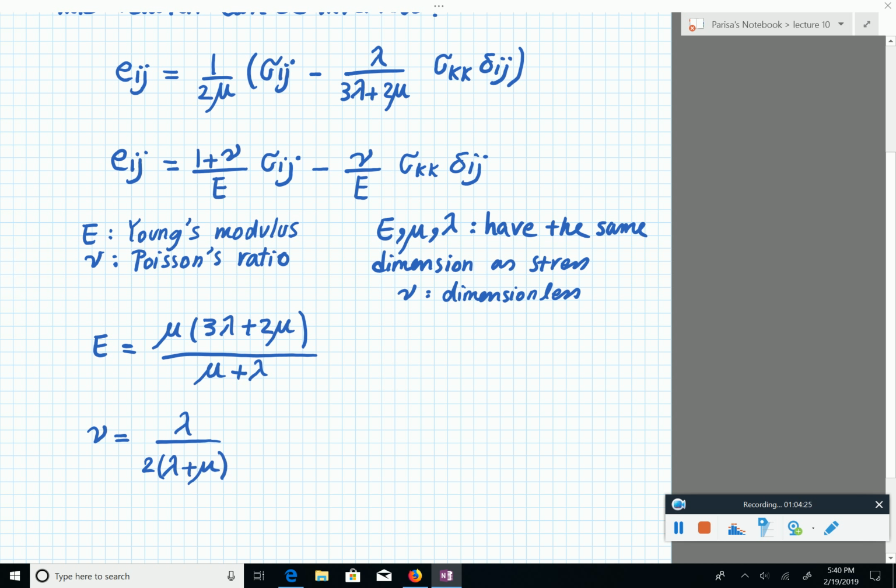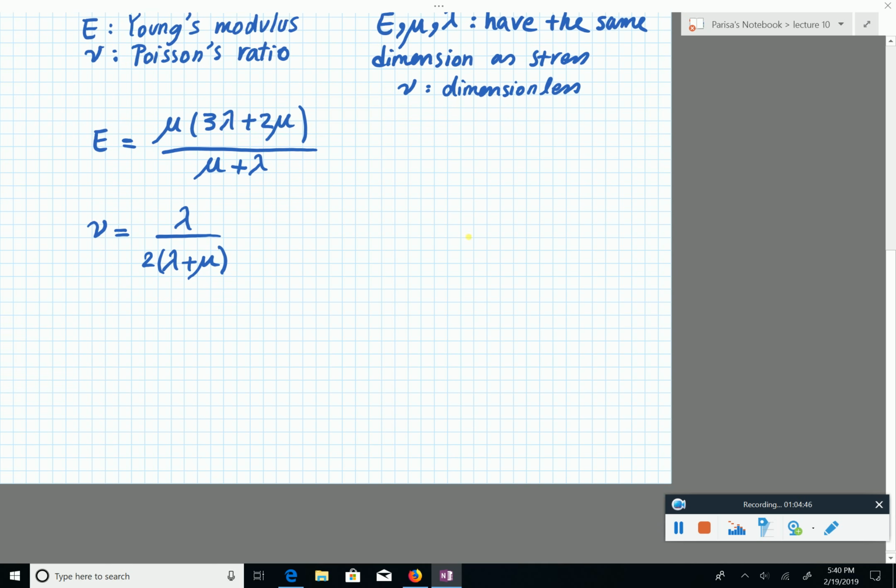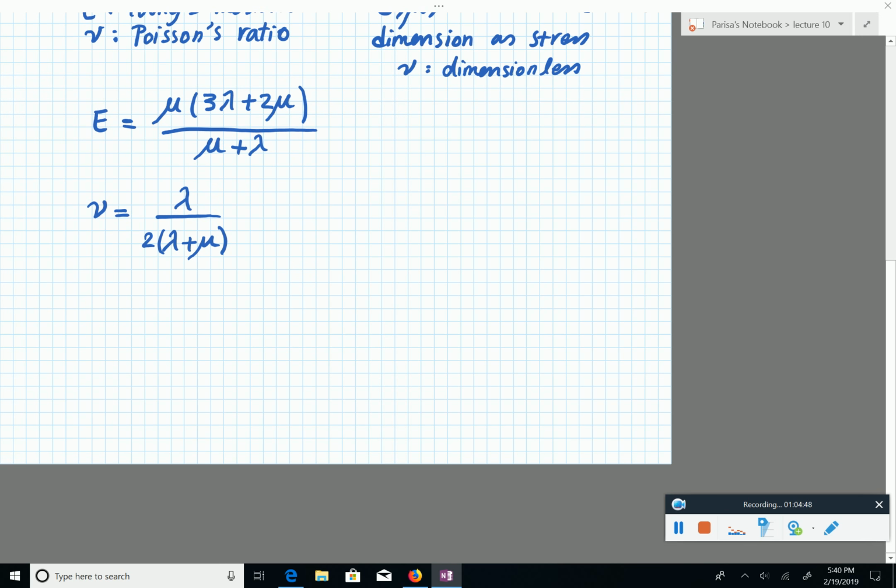There is another constant which is also important, and that's the bulk modulus. Any questions? I assume you are familiar with that, so we just go through faster.